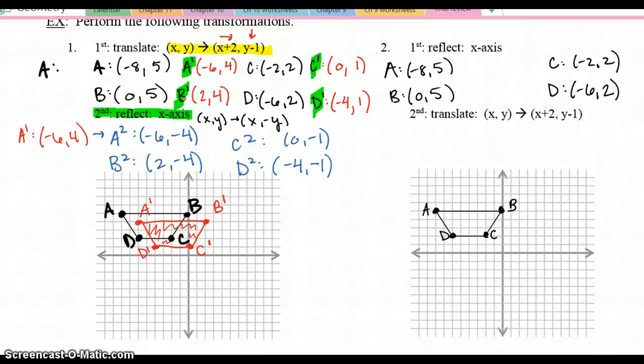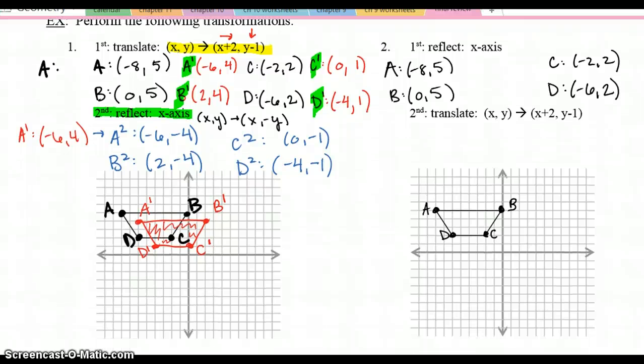So let's look at this one on the graph. When I graph A2, I'm at negative 6, negative 4. And again, label your points A with a little 2 above it. B2 is at 2, negative 4. C2 is at 0, negative 1. And D2 is at negative 4, negative 1.